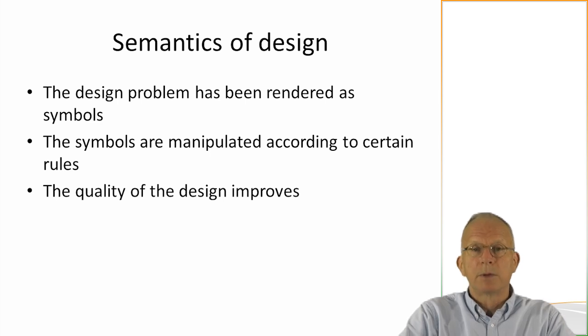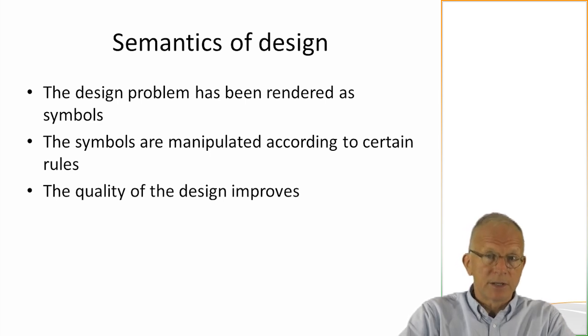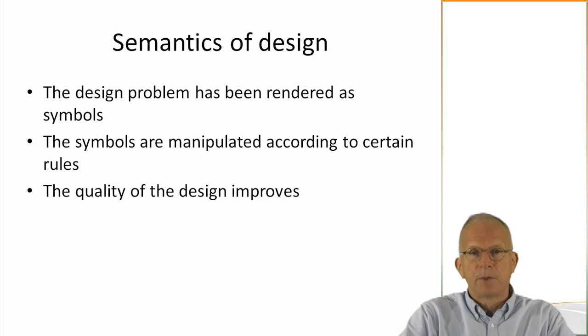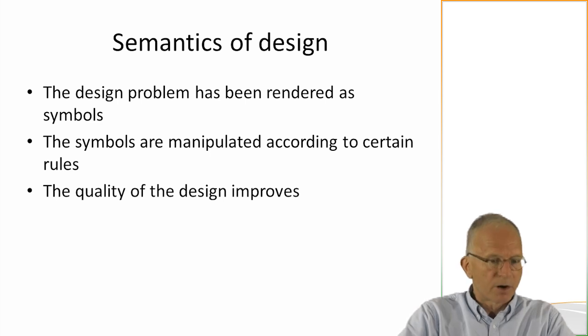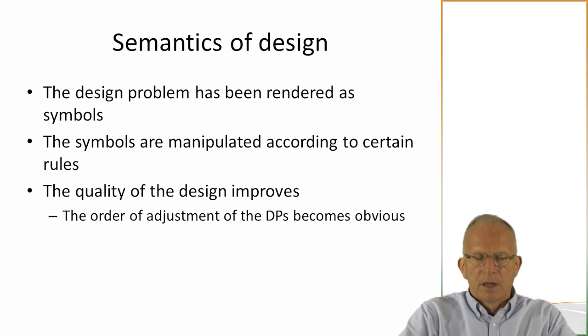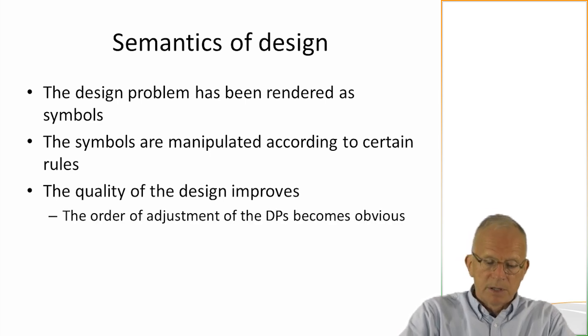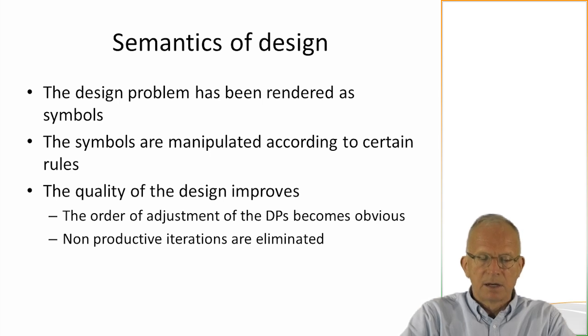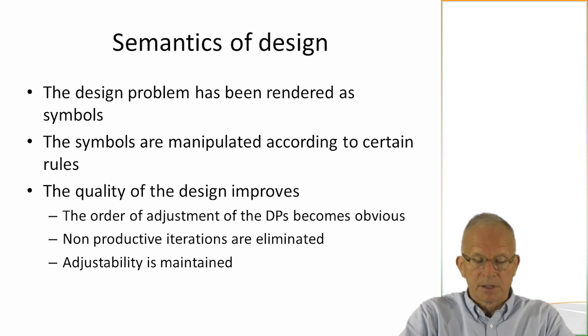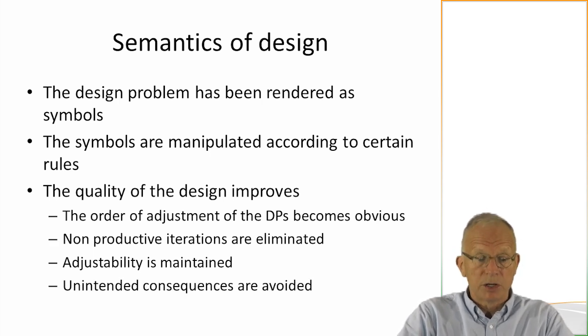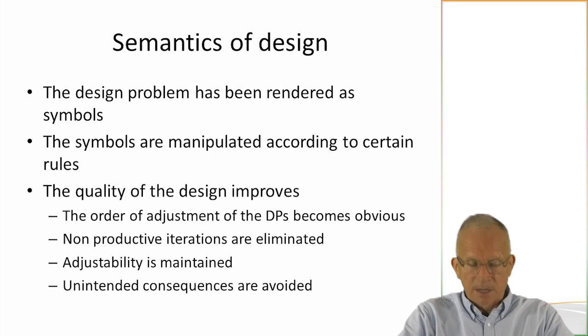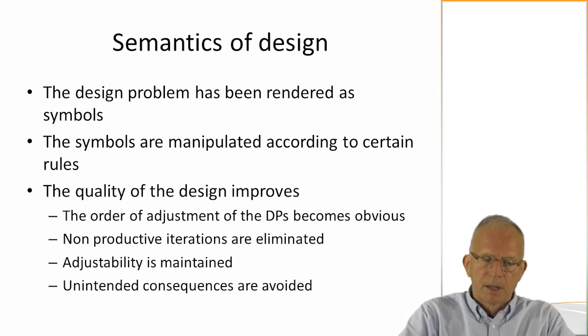In other words, we're able to show how to adjust the DPs without having to iterate and getting all of the FRs within their functional tolerances. So we can make the order of adjustment of the DPs obvious, and non-productive iterations can be eliminated, and the adjustability of the design is maintained or achieved, and unintended consequences are avoided.